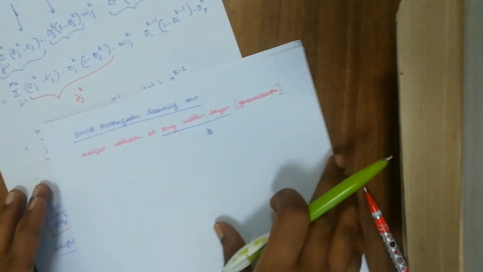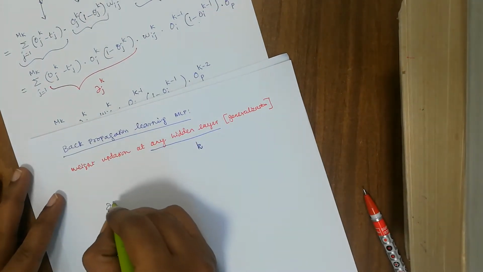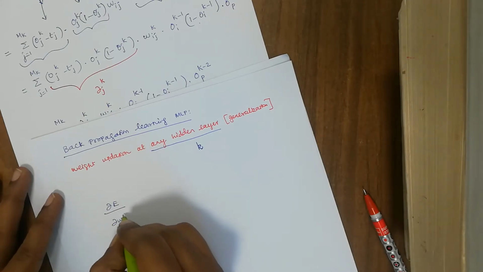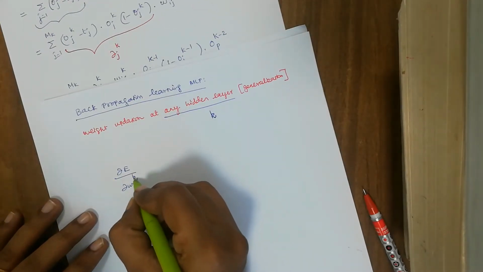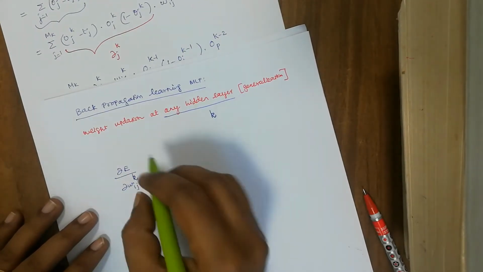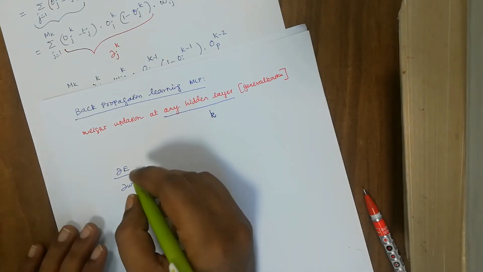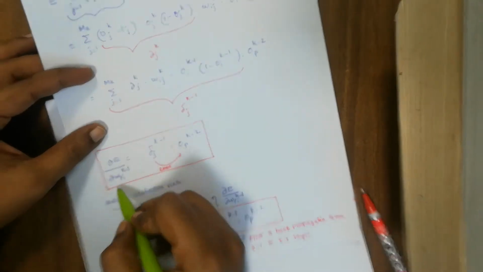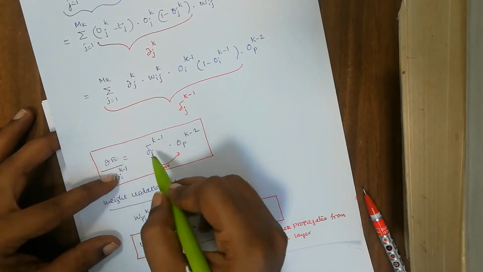Now what we have to do is compute the error, which is dou E by dou Wij k, where small k represents any layer that ranges between layer 1 to k minus 2. The error function with respect to the output can be rewritten like this.